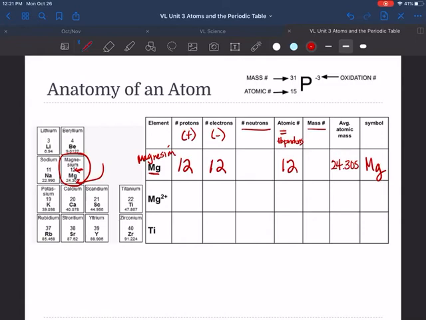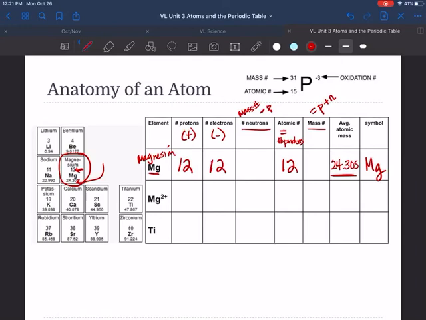So let's start with mass number. We filled in average atomic mass here at 24.305. Mass number is equal to protons plus neutrons. The number of neutrons is the mass number minus protons, because protons plus neutrons give you the mass number.